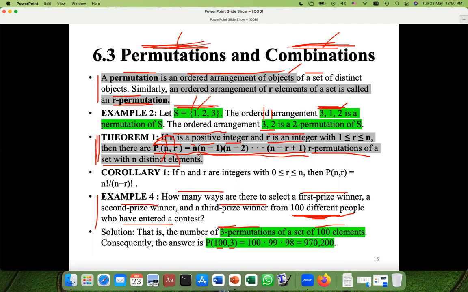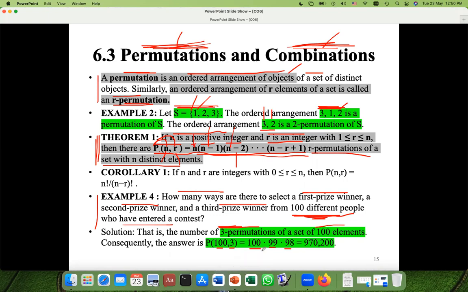Okay, then start with this n. n is 100. And then multiply with n minus 1. This n is 100, minus 1, you will have 99. Multiply with n minus 2, you will have 98. And you have to stop here, because only 3 permutations. This is 1 permutation, 2, 3.